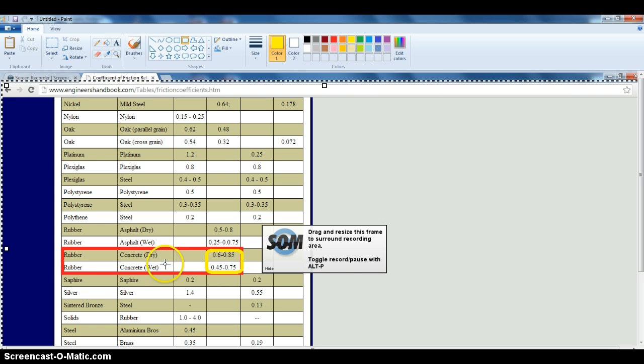Then rubber on wet concrete is about 0.75, which is closer to 0, and that makes sense because the closer to 0 means the less friction an object has. And that's it.